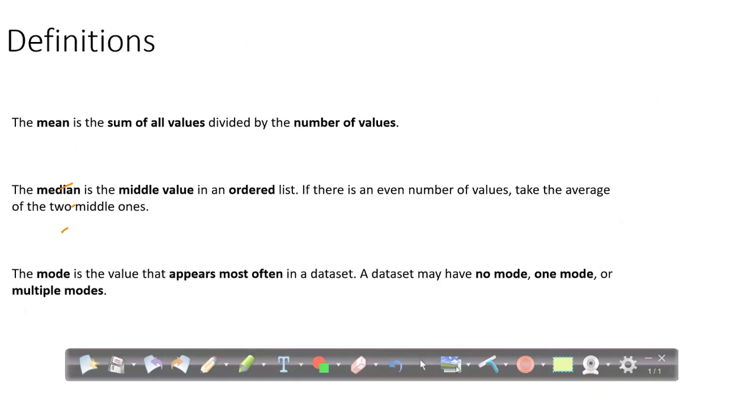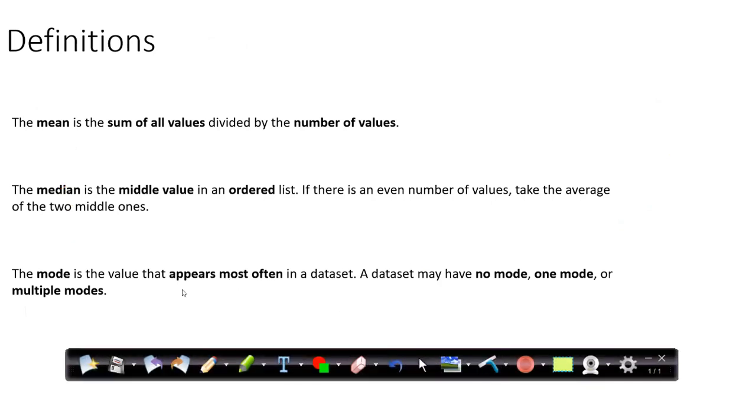As per the definition, mean is the sum of all values divided by the number of values. Let's take an example. I have marks of 50 students and I am interested in knowing the mean.